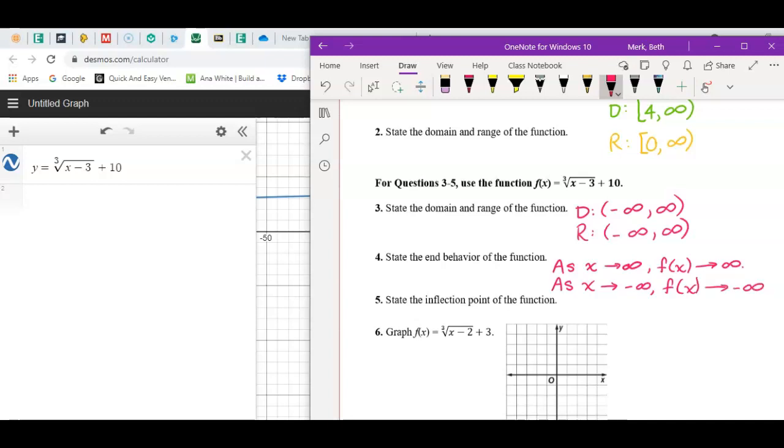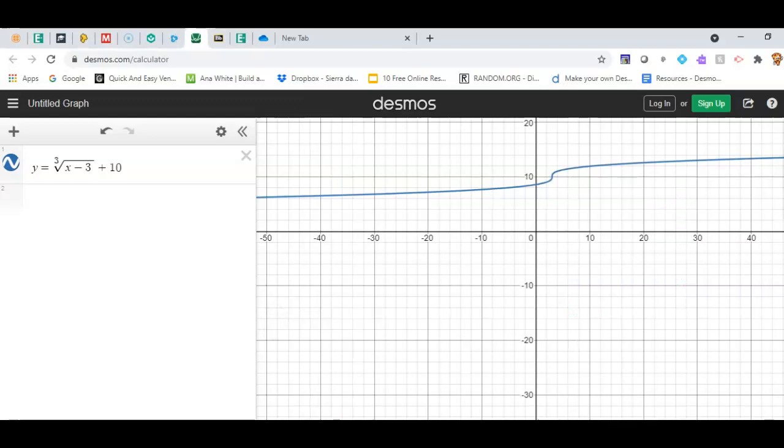It goes down as we go to the left. And our point of inflection here is going to be the point 3, 10. That's the point where it kind of changes its concavity right here. And that is our point 3, 10. It's hard to get it exactly on there with Desmos. There it is, 3, 10, the point of inflection.